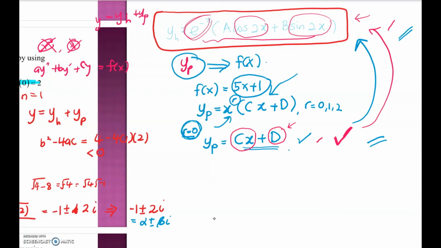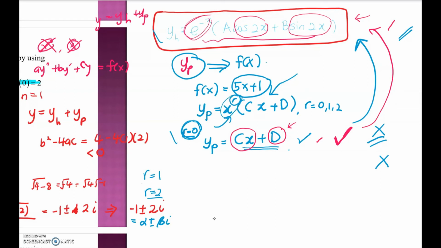Solution to solution means YP compared to your YH, ada tak yang sama? Kalau ada yang sama, we cannot say that this is our correct solution. Then we proceed to r equals 1. Compare lagi, ada tak yang sama dalam YH? If ada, then we need to cancel it, and then we proceed to r equals 2. R1 dengan R2 ni nak masuk kat mana? Masuk dekat sini, x to the r.